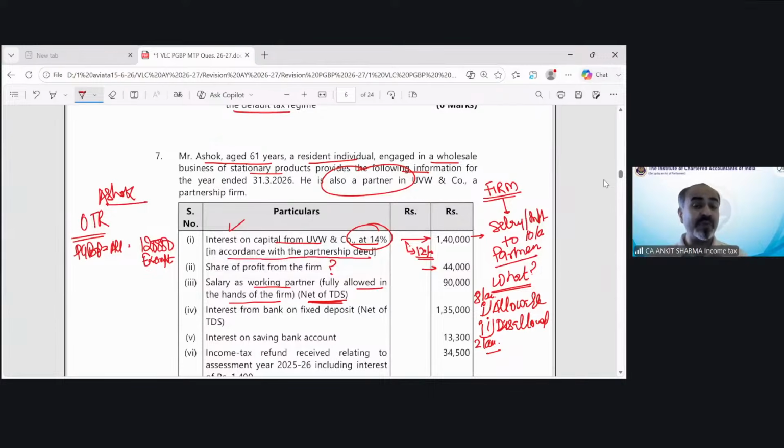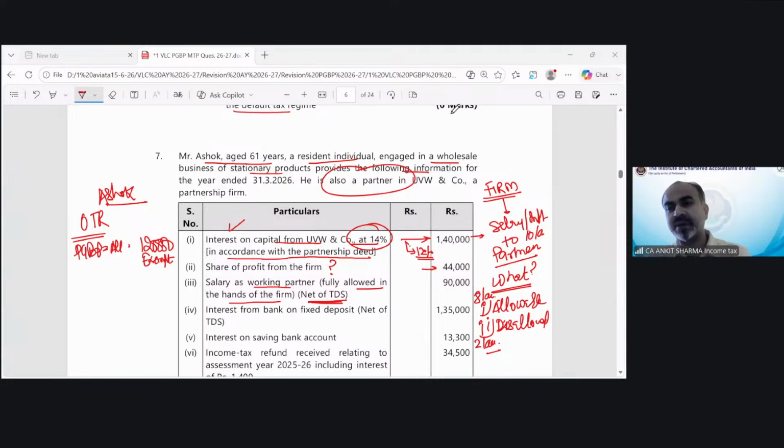So we have to make it gross. What is the TDS rate in case of payment from a partnership firm to partner under section 194T? What is the TDS rate?